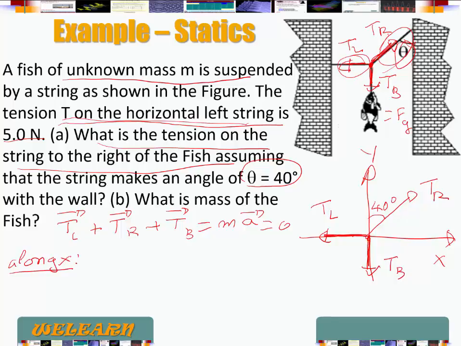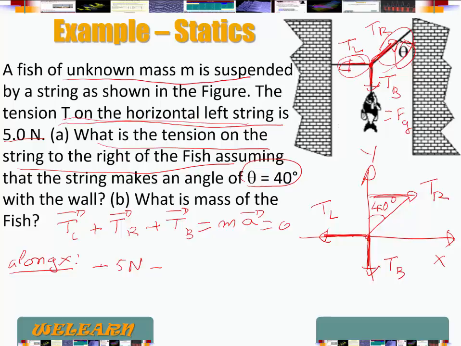what do we have along x? What's the x component of TL? That's the full TL, which is, remember, 5 newtons, but it is in the negative direction. This is my positive x direction. It is pointed the opposite way. So we have minus 5 newtons for TL. What about TR? That's going to be the component of TR along the x-axis.